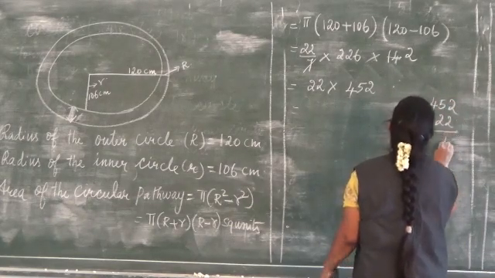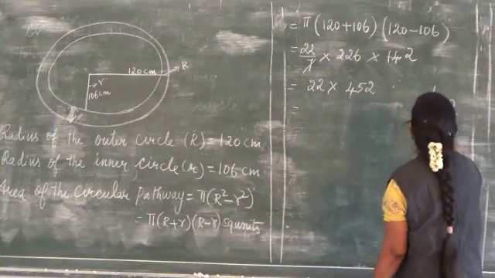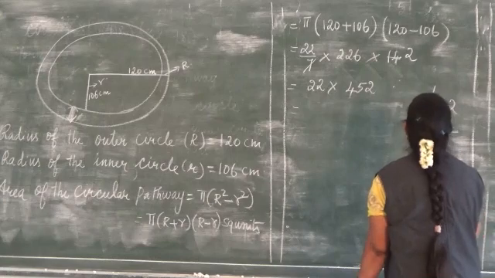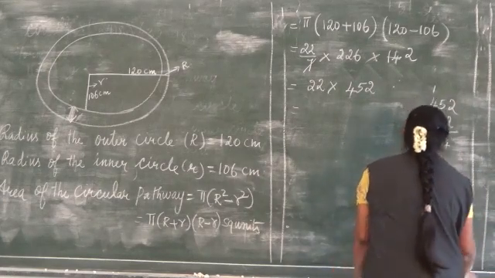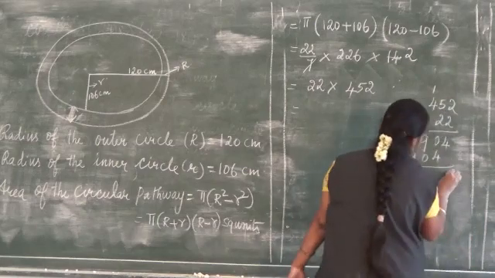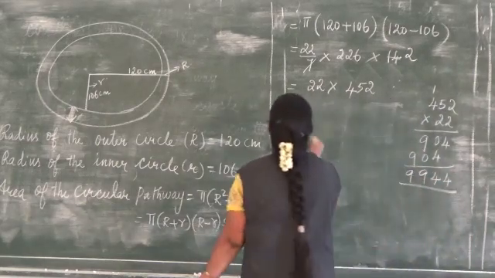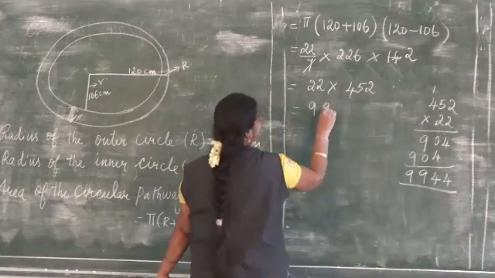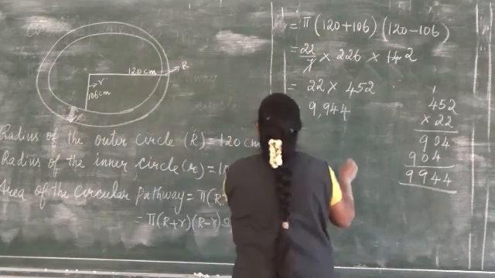So you will get 9,944 centimeters square.